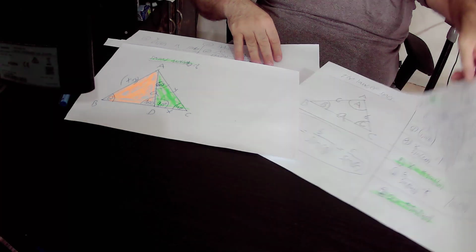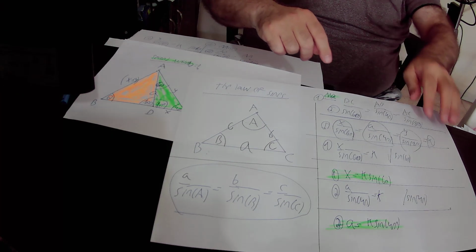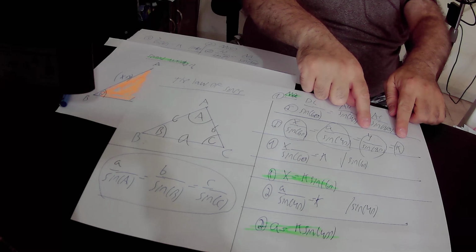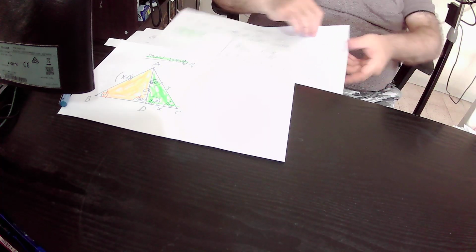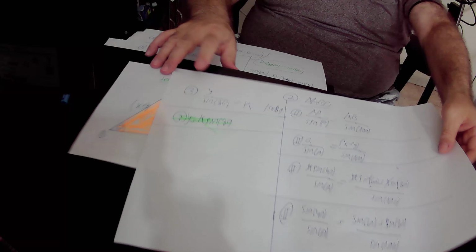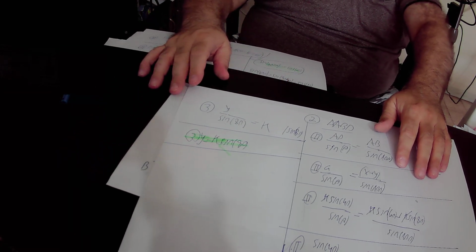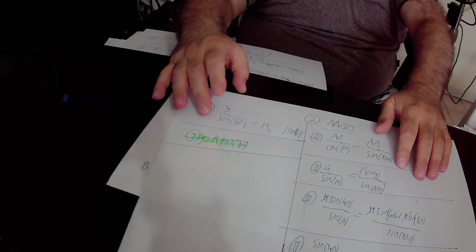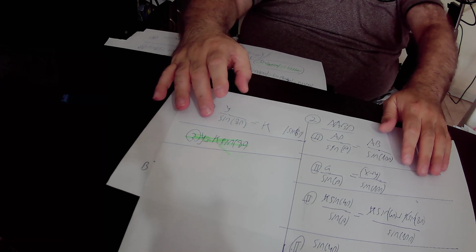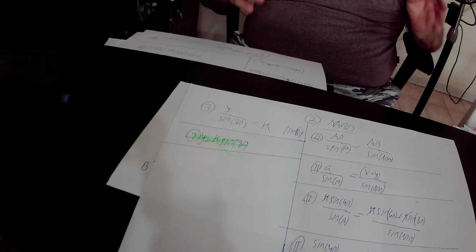And finally, Y over sine 80 degrees equals K. We multiplied equation number 3 by sine 80 degrees, and found out that Y equals K times sine 80 degrees. So we have three expressions for X, Y, and A.